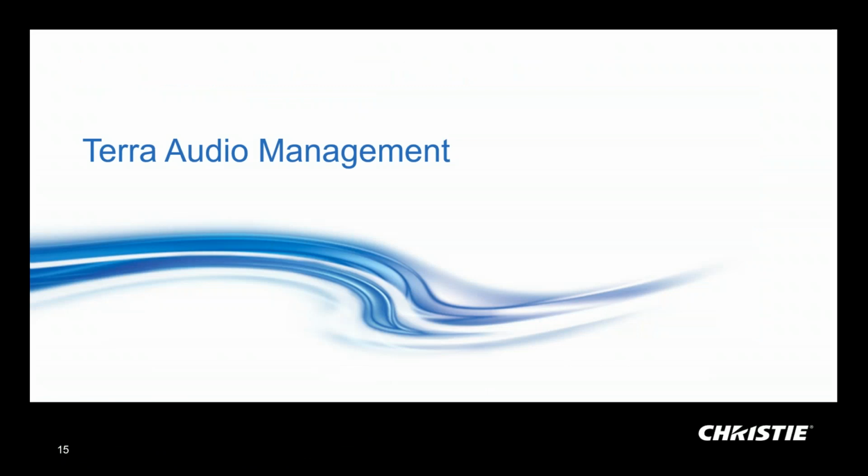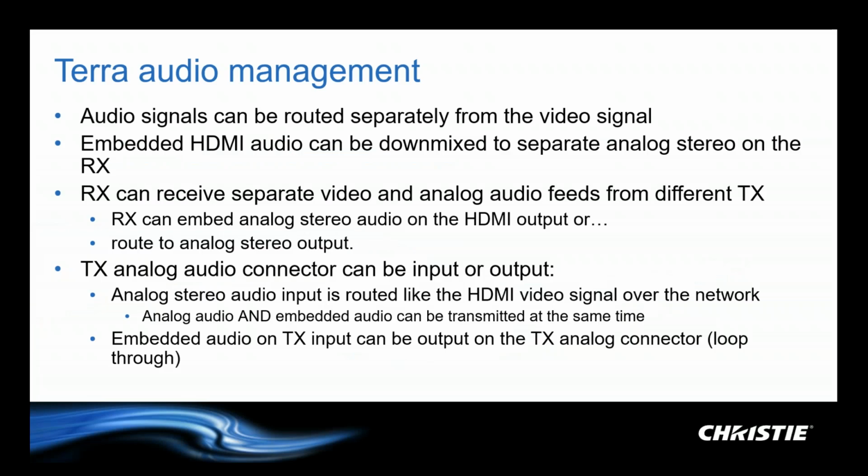A little bit about audio management now, because that's quite an interesting thing. Like I said yesterday, the switch that you're using to connect all these TXs and RXs on the network is actually being used as a matrix switcher, and that's what you really need to look at it as being.